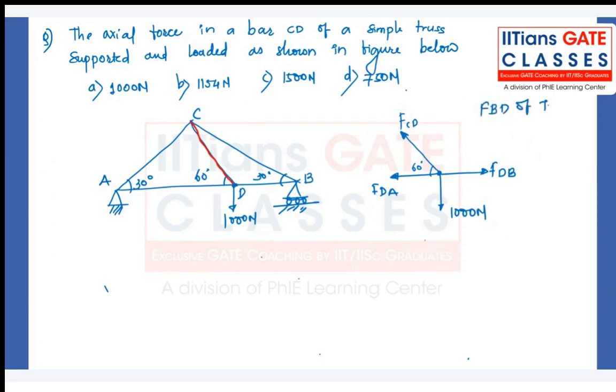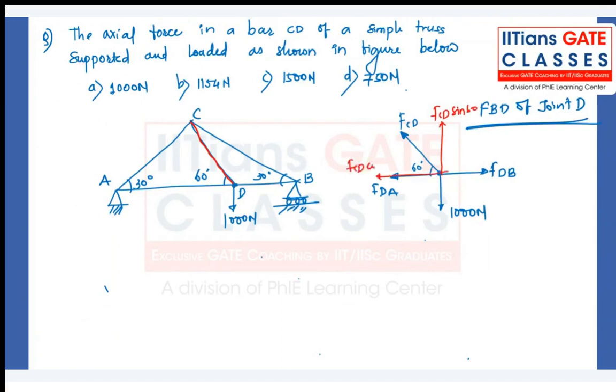Now we need this FCD, the force in member CD. So if you take the two components of FCD, they will be FCD sine of 60 and FCD cos of 60.